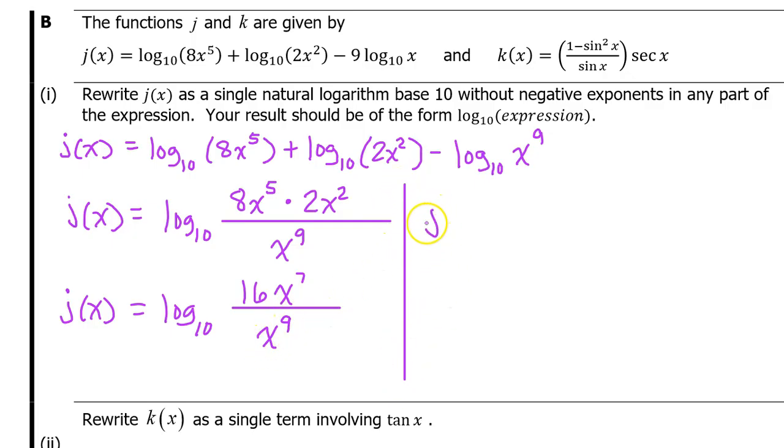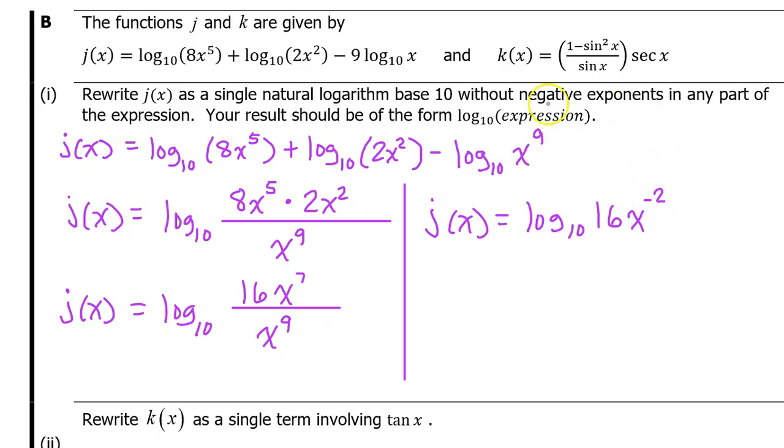Let's simplify a little bit more. J of x is equal to the log base 10 of, I'm going to bring down the 16 because this part is now going to simplify. Normally, when I divide two factors with like bases, I subtract the exponents, but that would give me 16x to the negative 2 power.